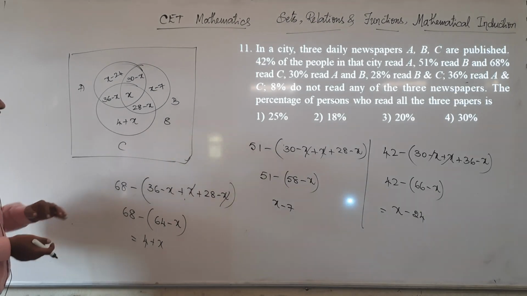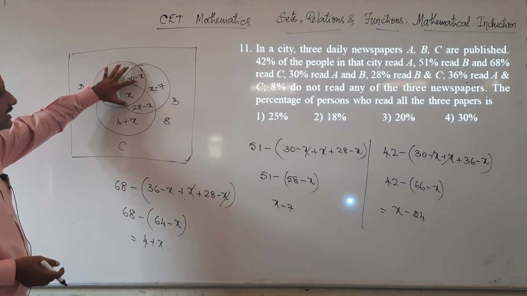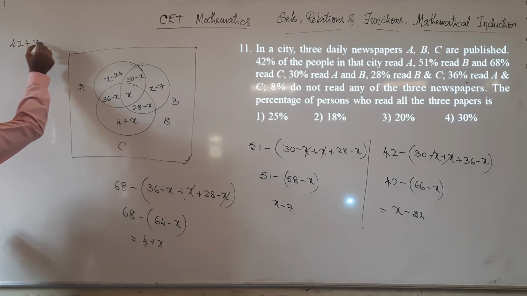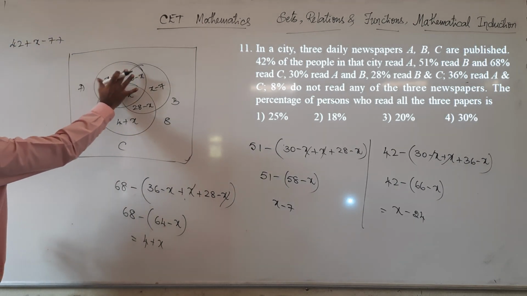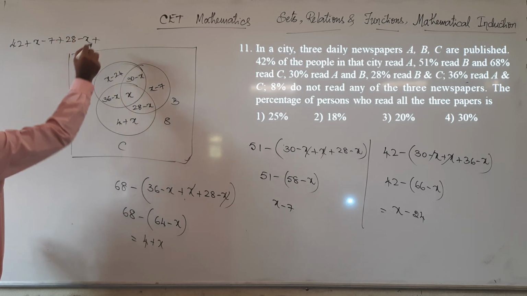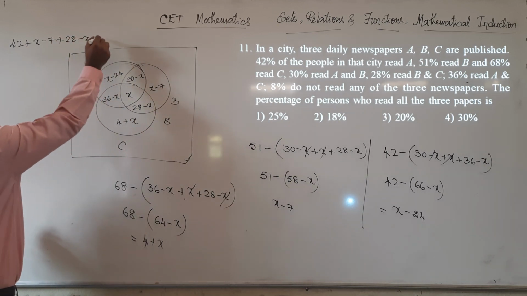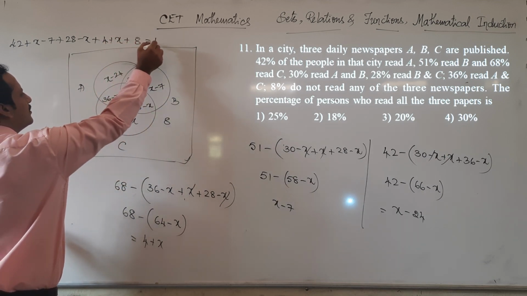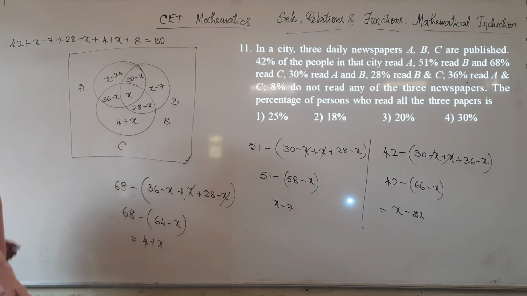So how can I add all this? Altogether I will directly take this as 42. 42 plus X minus 7 plus 28 minus X plus 4 plus X plus this 8 which is outside. That sum must be equal to 100. So let us see what happens.